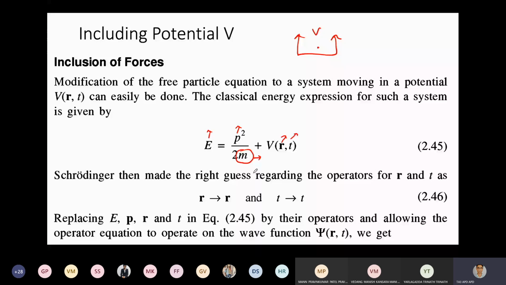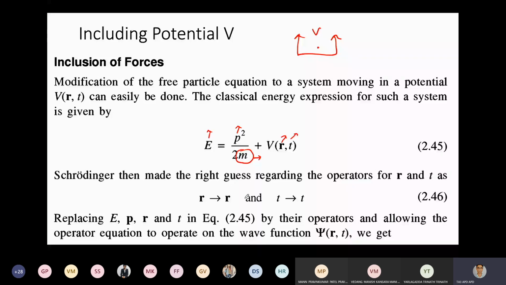And then we talked about how a particle in a potential well, or I mean not a well, but in some system which has a potential V, if you put a free particle, ये अभी तक जो हमने discuss किया था, so this was for a free particle. But if you put the particle in some system having a potential V, then we would include the potential V, and then we just replace all the parameters by their equivalent operators.